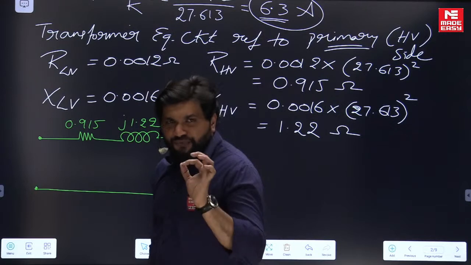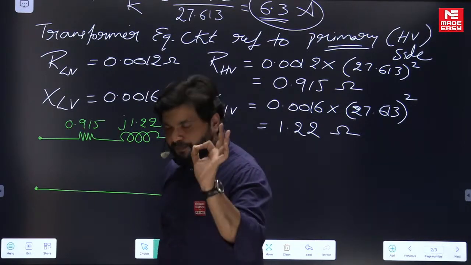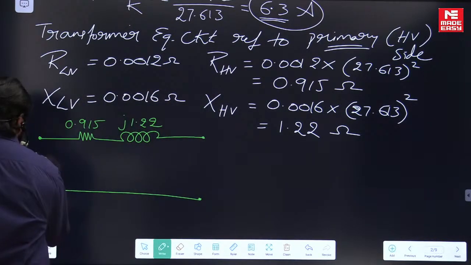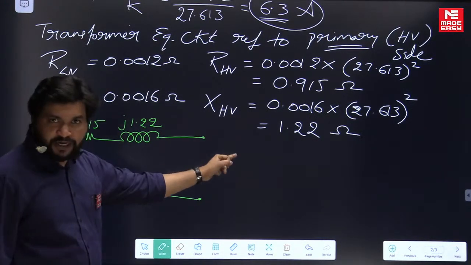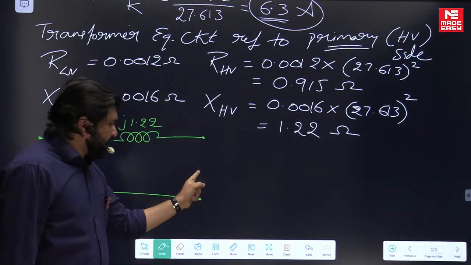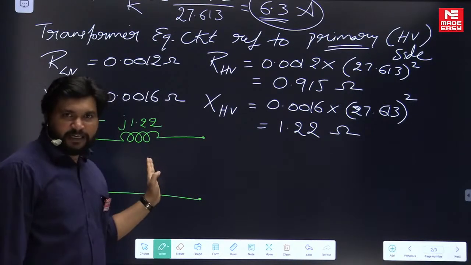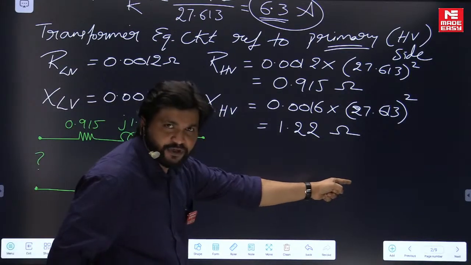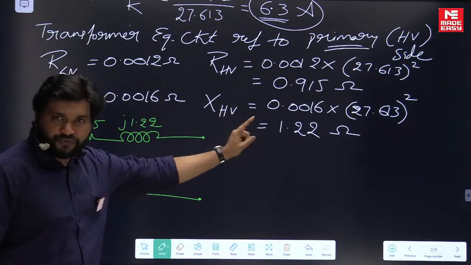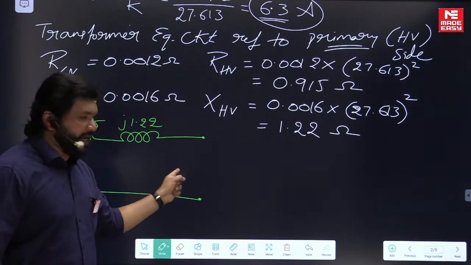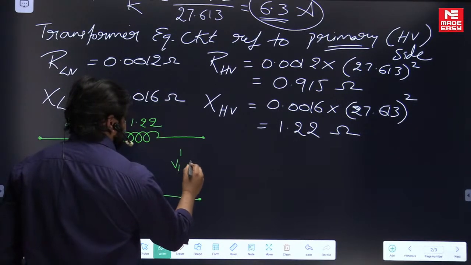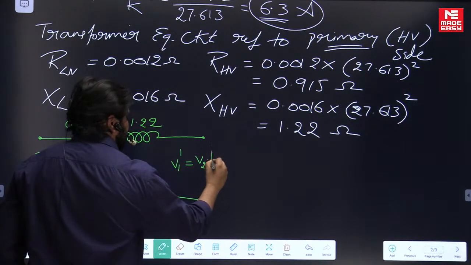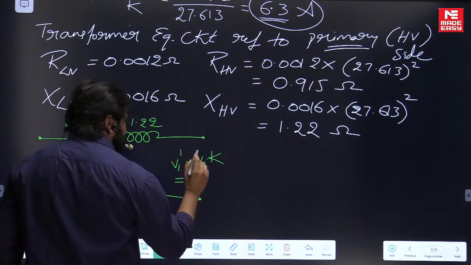Whenever you are asked to find primary voltage, you have to find this. As the circuit is referred to HV side, the low voltage referred to HV side is V2 into K. This is V1 dash, that is V2 into K.